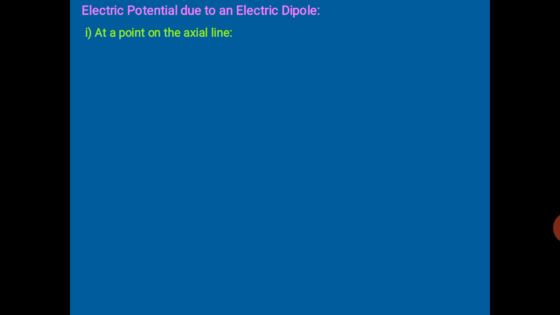So first one is at a point on the axial line. Axial line means the line which passes through both of the charges. Here one charge you can take minus q, another charge plus q, and their separation is 2a, and this one is the direction of the dipole moment p.